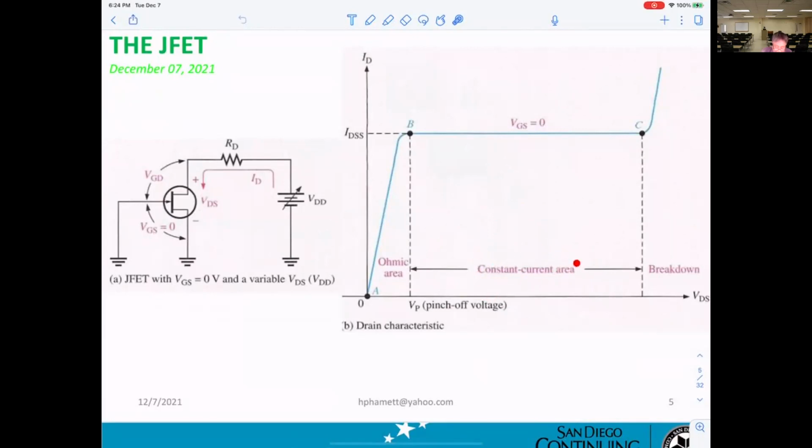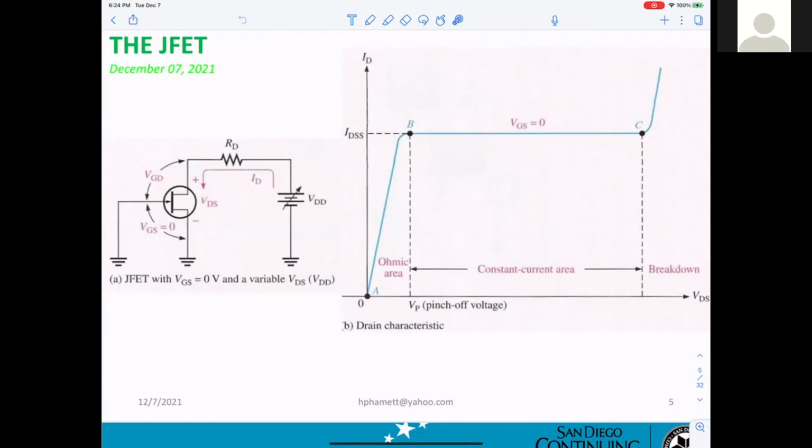That means the current in this area will all the time be equal to IDSS. Then if you try to increase VDS more, you get into a breakdown area, exactly the same as the bipolar transistor.